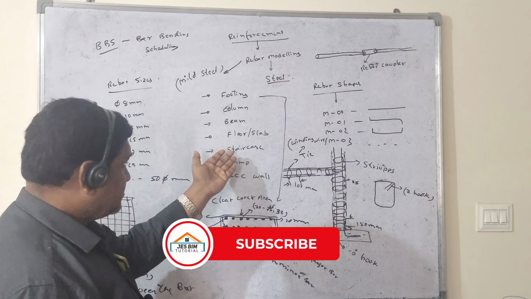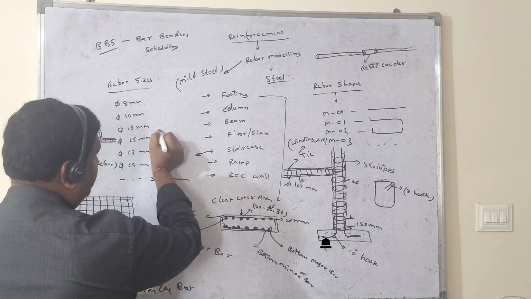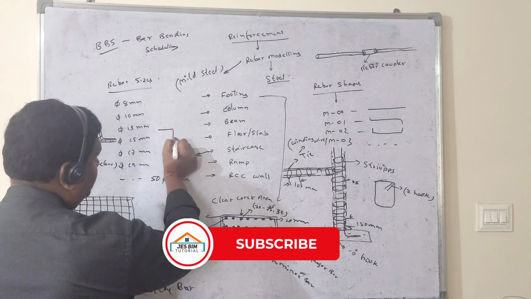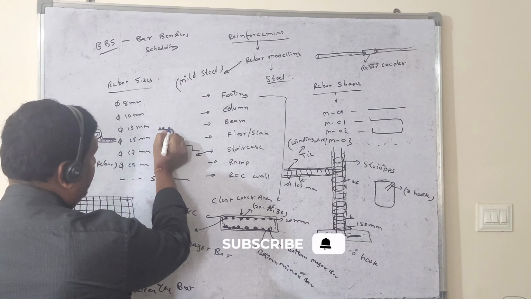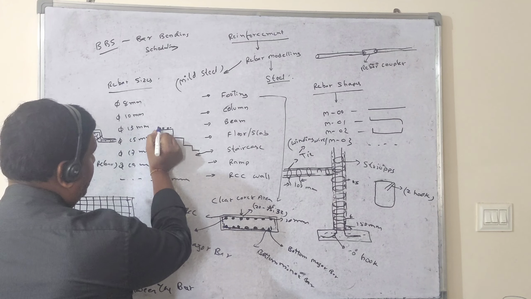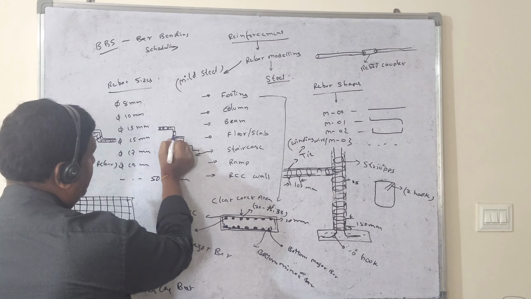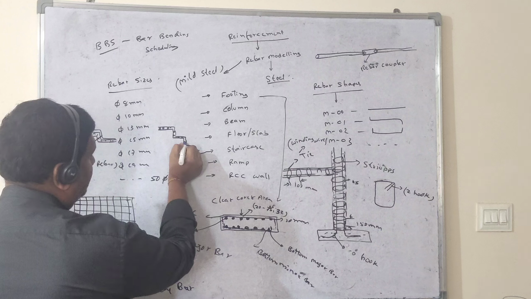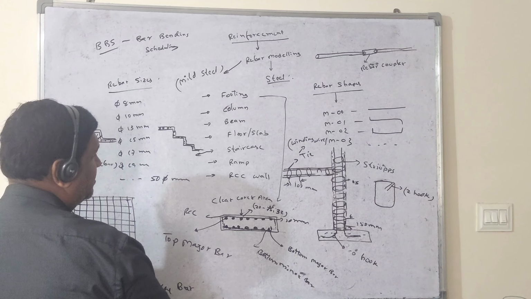And here come to the staircase. Staircase also we are going to utilize this reinforcement, because the staircase will become like that. In every staircase we utilize this rebar, in top or bottom. Every area we utilize this rebar, and shape and size will become continuous.